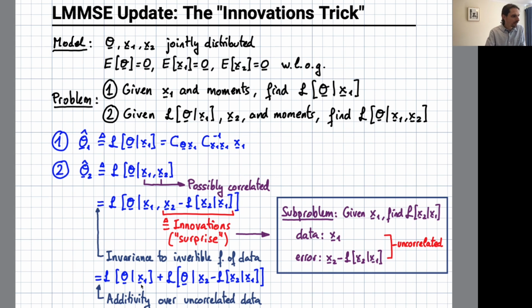Now we can apply the property that we mentioned earlier about additivity over uncorrelated data and decompose this LMMSE estimator as the LMMSE estimator of theta given x1, plus the LMMSE estimator of theta given this second vector, the innovations. So we managed to decompose this LMMSE estimator in terms of the LMMSE estimator of the previous step, plus this LMMSE estimator.